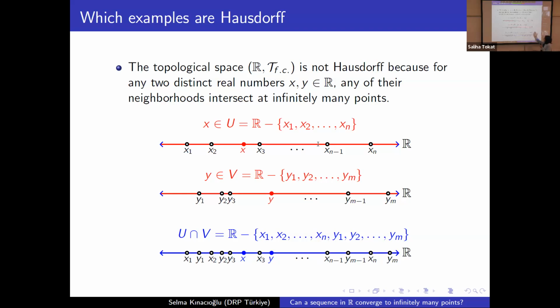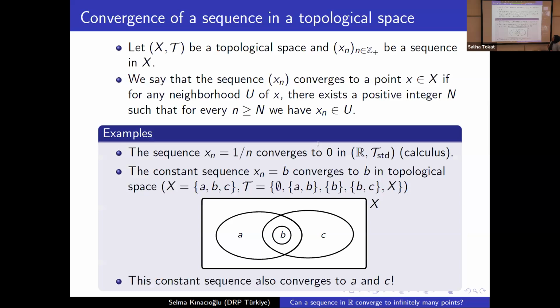But if we consider that the real numbers are infinite, it is impossible to say that U and V are disjoint, because I can remove the same point here, and we may face an intersection. So that is important. So here we can say that the finite complement topology is not a Hausdorff space.